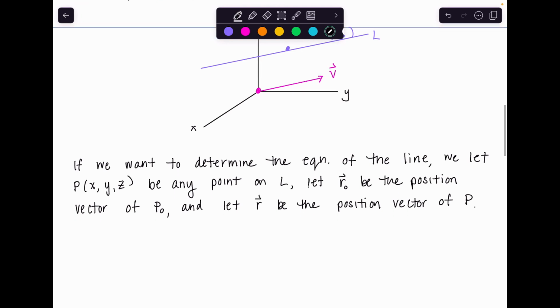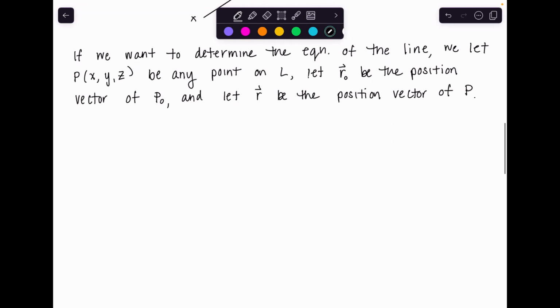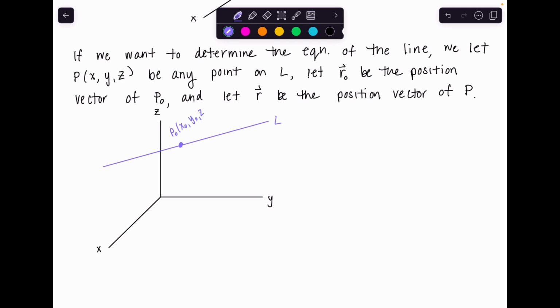Okay. So let's go through the visual of what we have going on here. I'm going to make this a little bigger because we're going to need to draw lots in here. So here are our x, y, and z axes. Again, here is this line that I'm trying to find the equation of, and I have this point that I know the line passes through, which is P naught, and it has coordinates x naught, y naught, z naught.